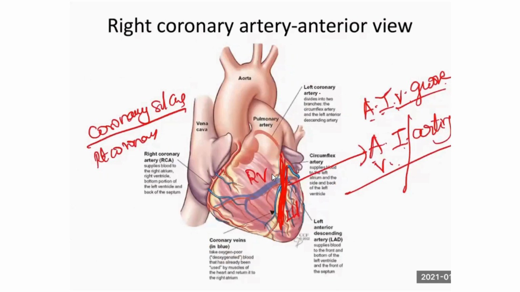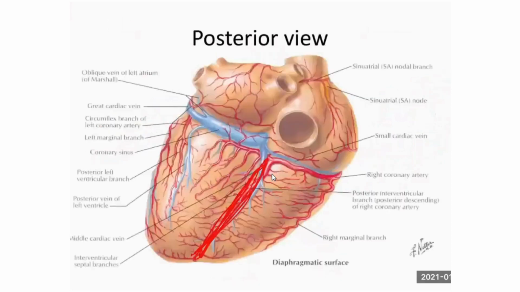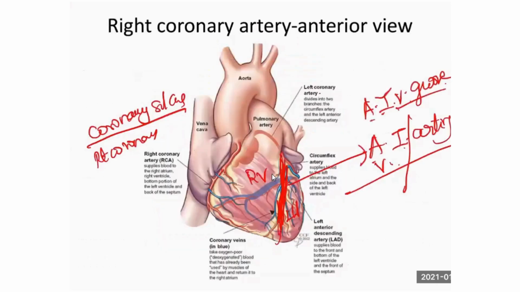The anterior interventricular artery is lodged in the anterior interventricular groove. The posterior interventricular groove lodges the posterior interventricular artery. The posterior interventricular groove is present between the right ventricle and left ventricle posteriorly. The anterior interventricular groove is present between the right ventricle and left ventricle anteriorly. The coronary sulcus is present between the right atrium and right ventricle.